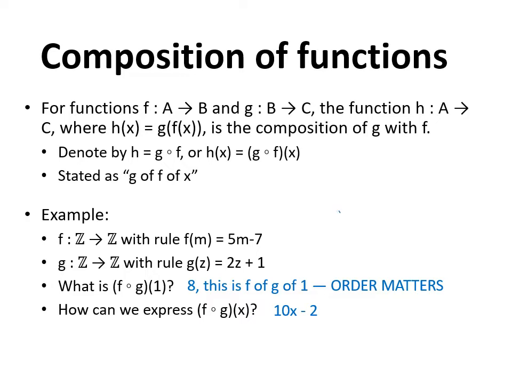So g of 1 is equal to 1 plus 1, which is equal to 2. And then we apply f to that. So we have to compute f of 2, that is equal to 5 times 2 minus 7, which is equal to 3. And so this is the answer.